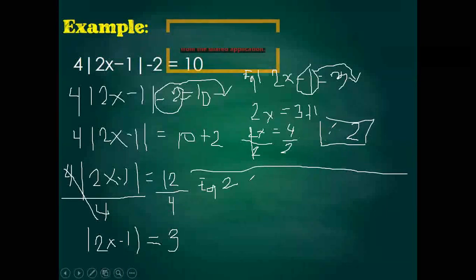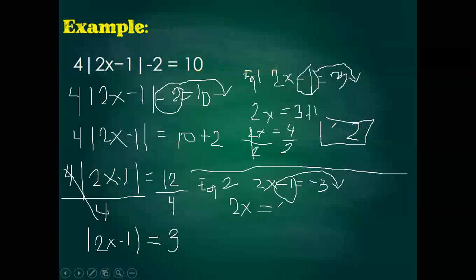Equation number 2, 2x minus 1. So it will become negative 3. Okay? So find the value of x. 2x minus, so transpose negative 1.